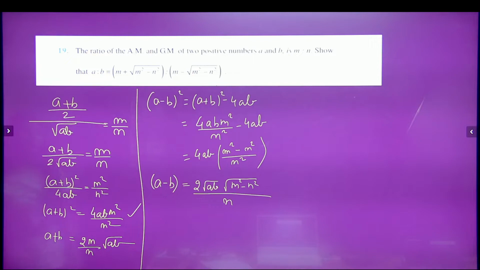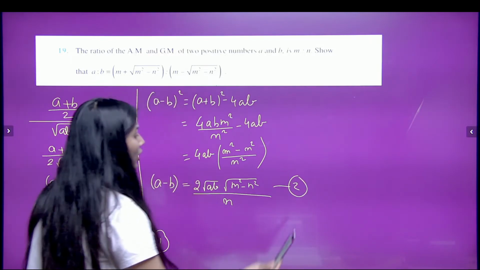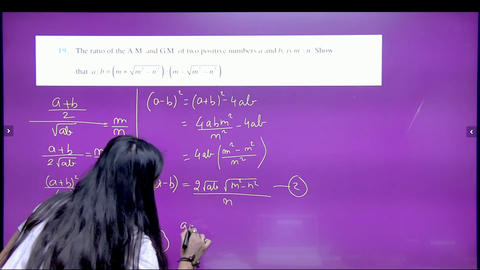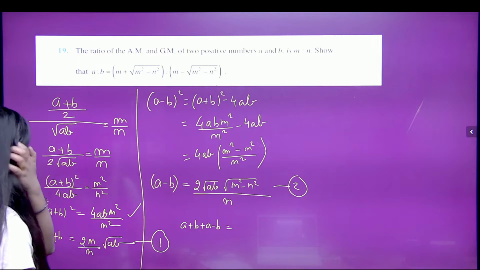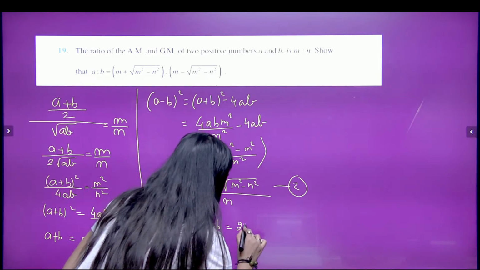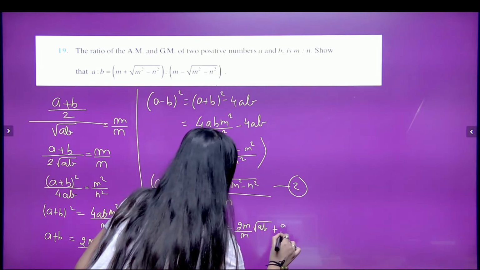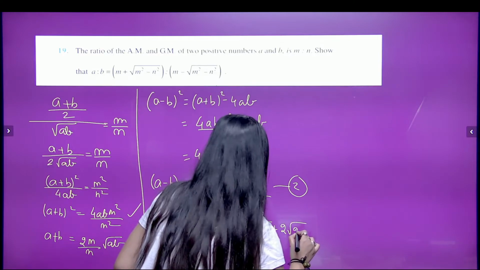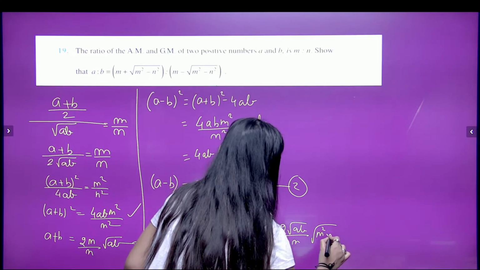Got it? Now I am solving these two equations. The value of A plus B is here. The value of A minus B is here. Now if I add them, then it will be A plus B plus A minus B, and on the right hand side we have 2M by N root AB plus 2 root AB by N under root M square minus N square.